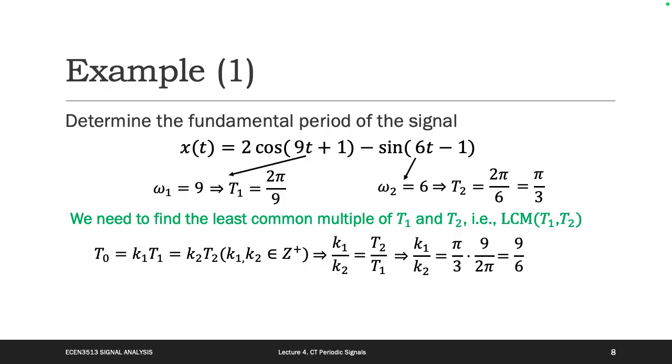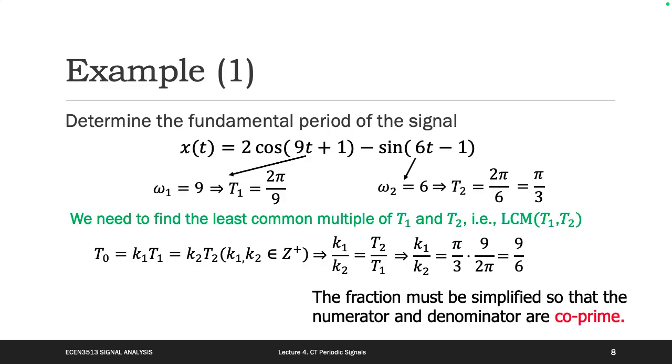So for now, you need to find the P1, P2. And how can you find it? The fraction must be simplified so that the numerator and the denominator are co-prime. That makes sense to you? Because here we get 9 over 6. Is it the simplest value? The numerator and the denominator must be co-prime.